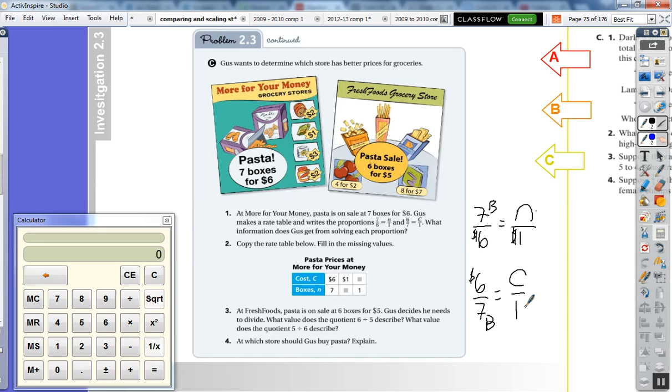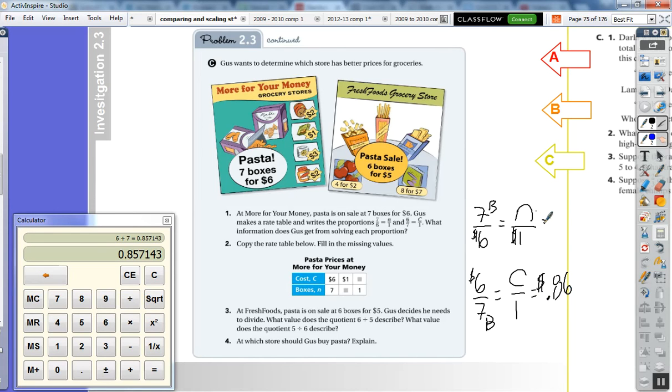So here we go. Let's find a unit rate. So let's go ahead and use this one, boxes, because we like this one better. $6 for 7 boxes, so that means 6 divided by 7, because per means divide, right? So that means each box is worth 86 cents.